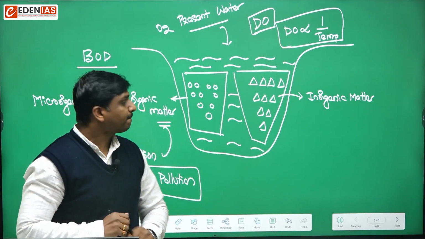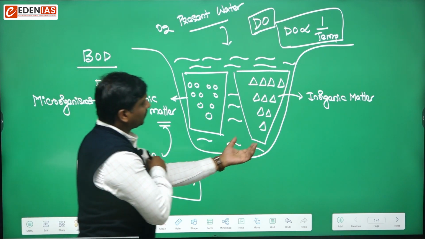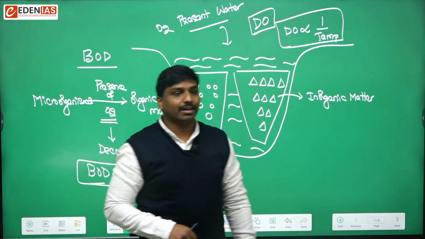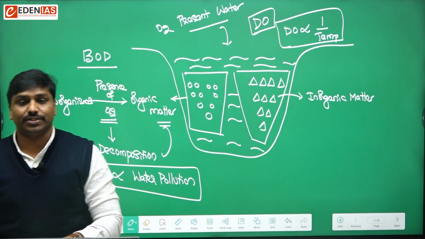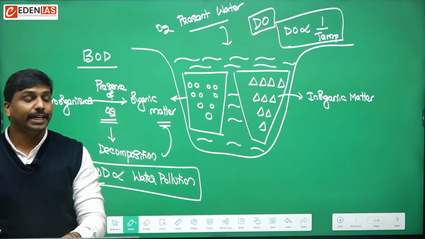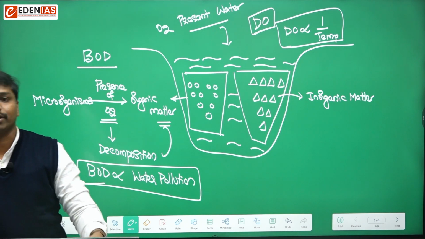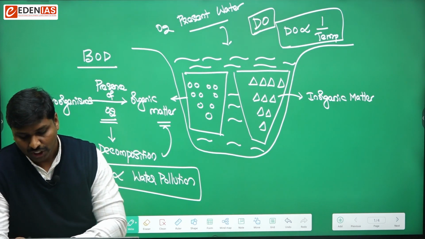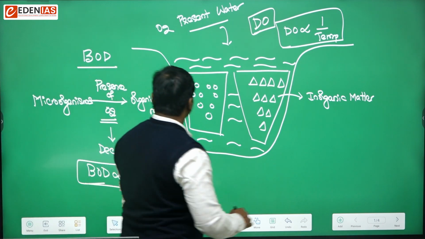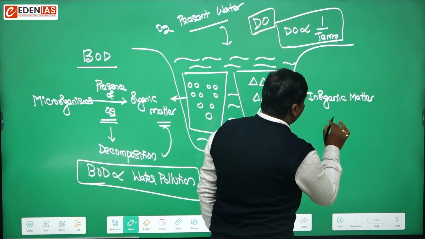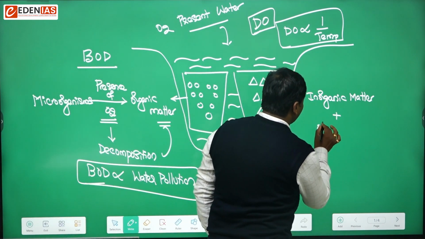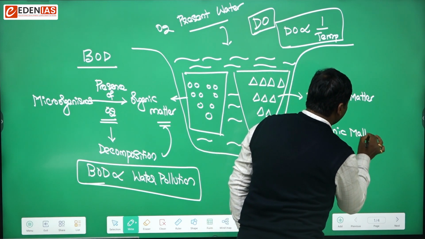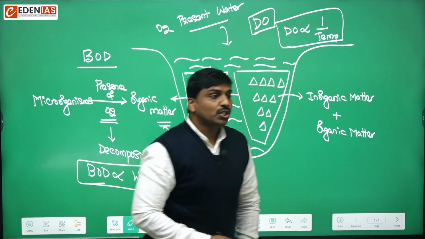Now we are saying that there would be organic matter also. So how can we define COD? COD is another measure of water pollution. Here COD considers the entire pollutants, both organic as well as inorganic matter.